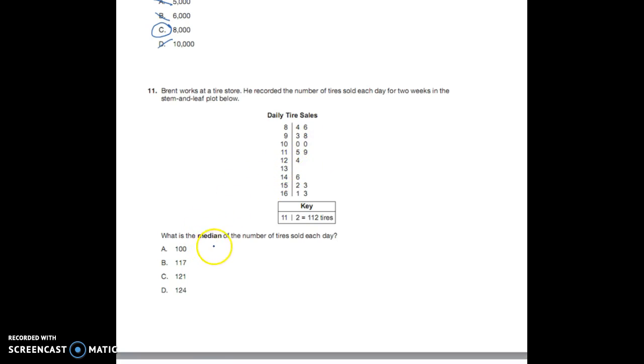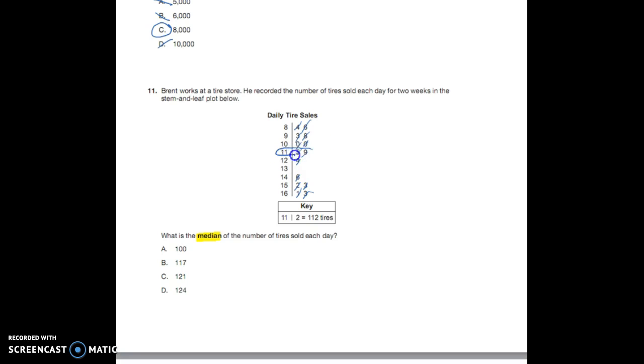Okay, so what is the median of the number of tires sold each day? Median is really important. We have to remember median is the number that's exactly in the middle. So if I'm doing this, I'm going to start at my low end and cross off, and then the high end, and I'm going to cross off the pairs as I go and figure out which one is in the middle.